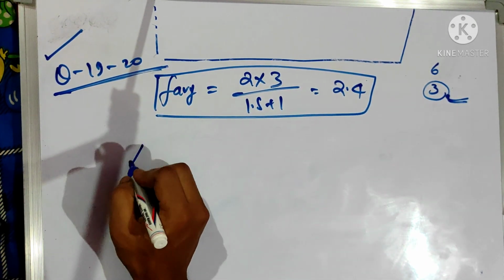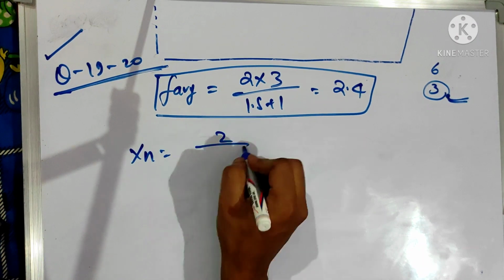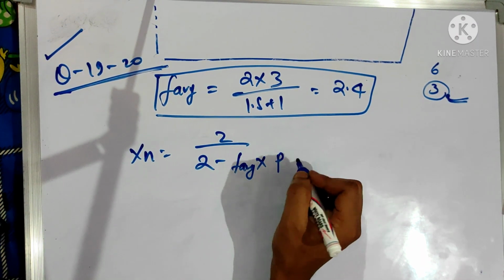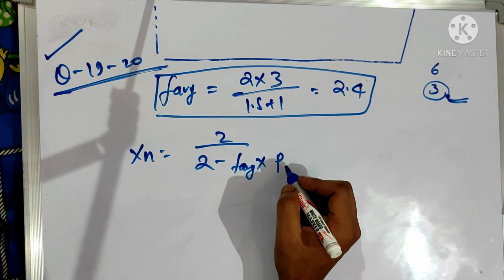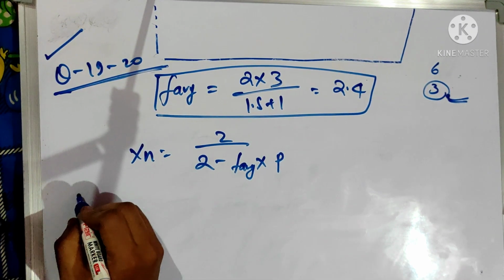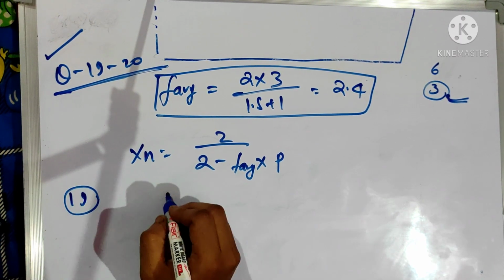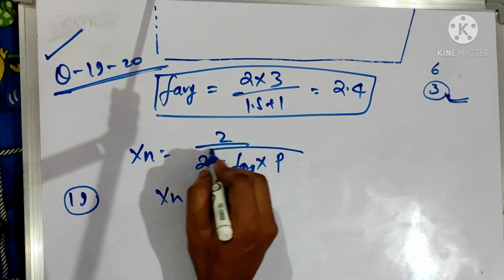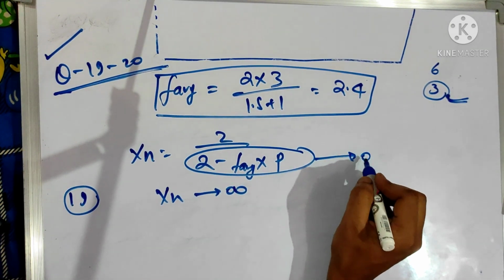Now the Xn is equal to 2 divided by 2 minus average functionality into P, where P is the extent of reaction. In question number 19, given that Xn goes to infinity, so this quantity goes to 0.